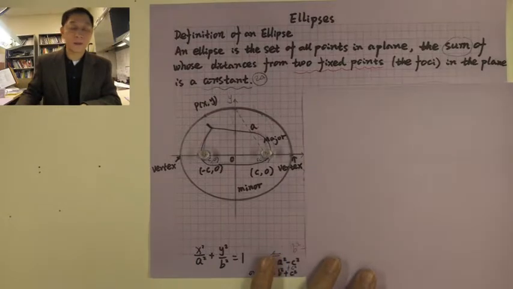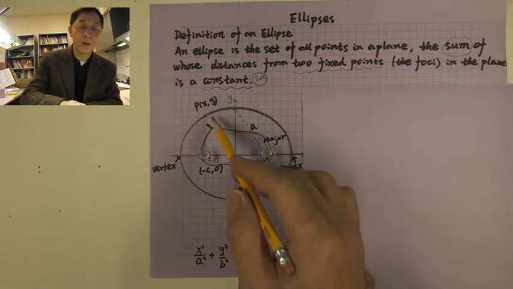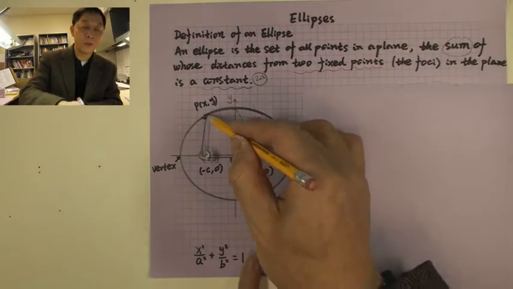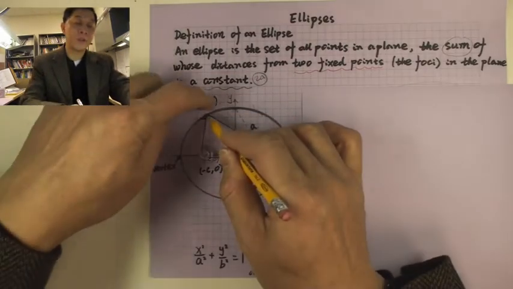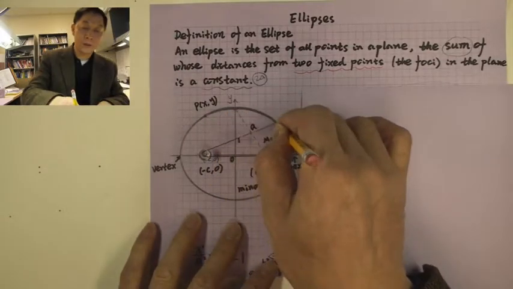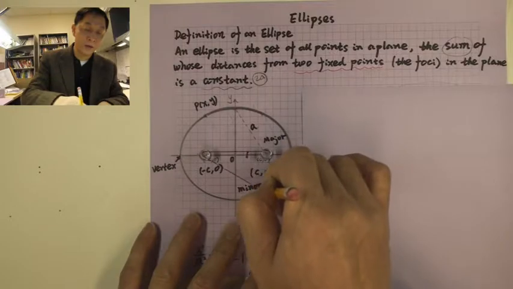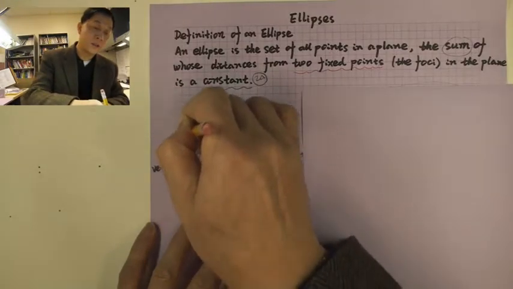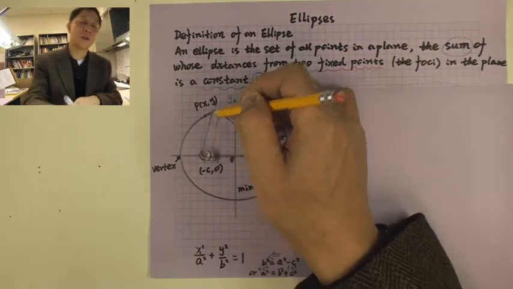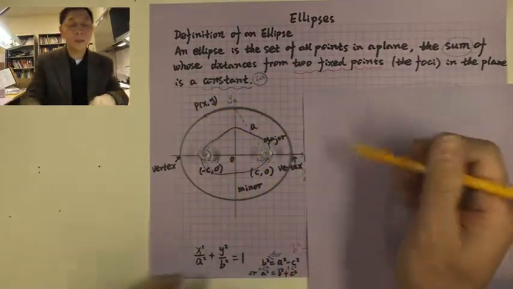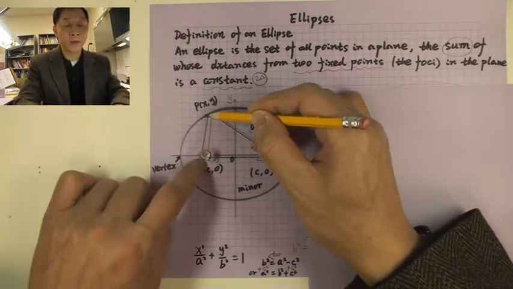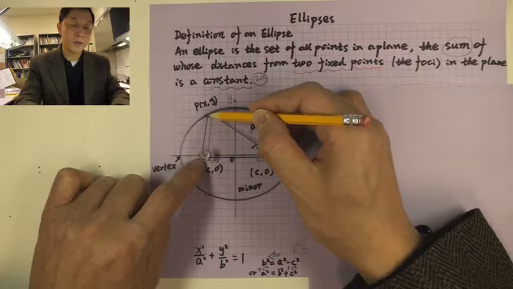Now we want to find out the equation of this one. Assume there is a point P(x, y) on the ellipse. So this P(x, y) stands for any point on this ellipse. And then there is a distance between P and the left focal point.